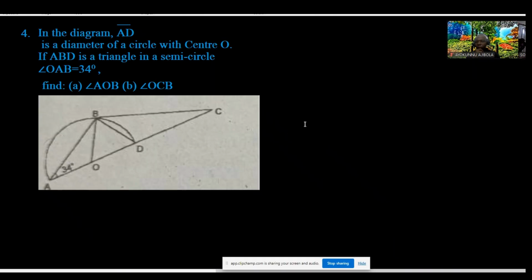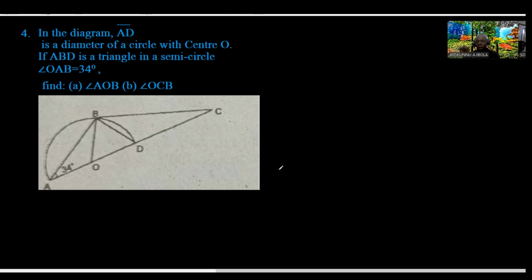All right. So looking at this question, we have the diameter AOD, okay? We are not given the length of the diameter. Hold on, can you hear me now?